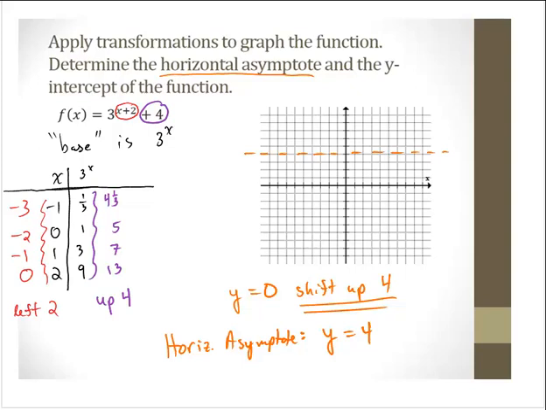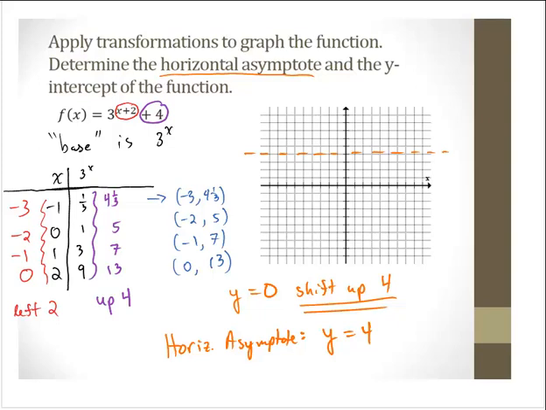And now let's plot some points. I have -3, 4 and 1/3. I have -2, 5. I have -1, 7, and 0, 13. So let's see, -3.